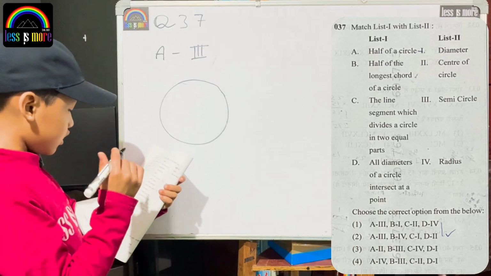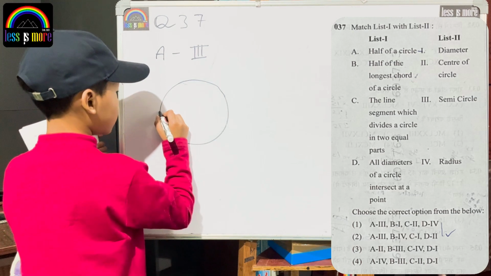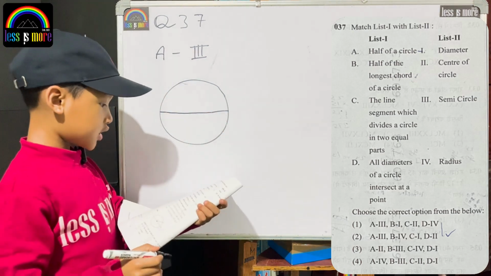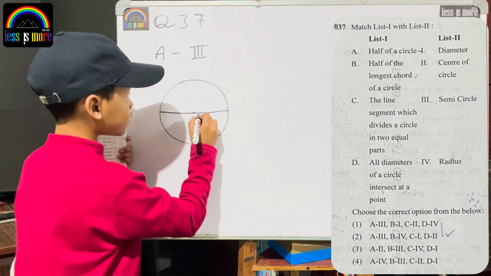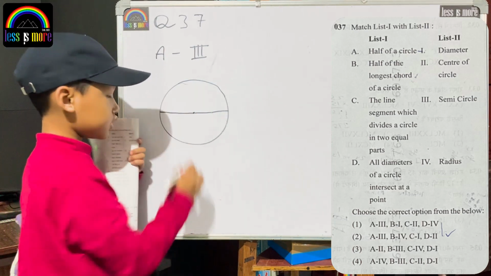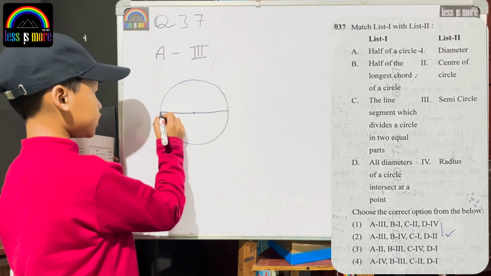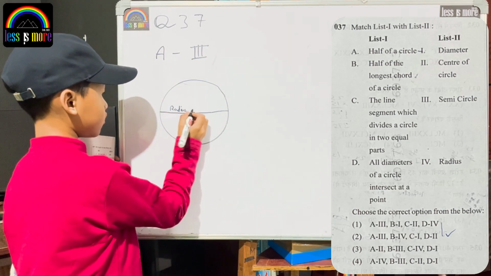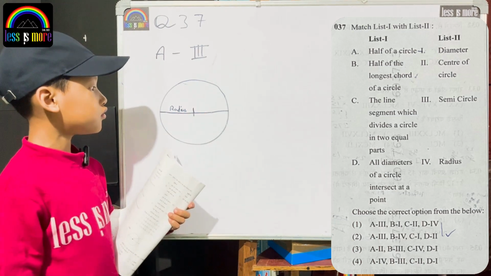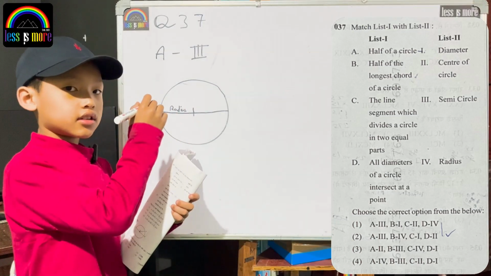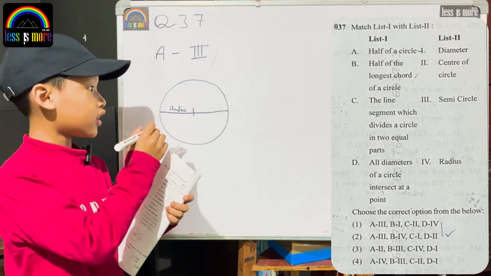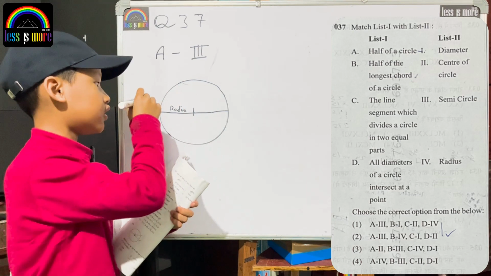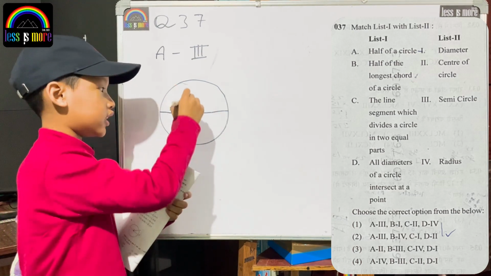As we know, the longest chord in a circle is the diameter, the line at the middle of the circle, which makes the circle into equal halves.